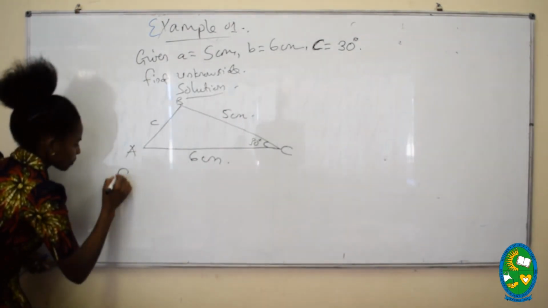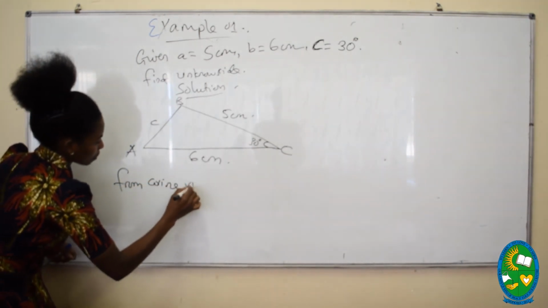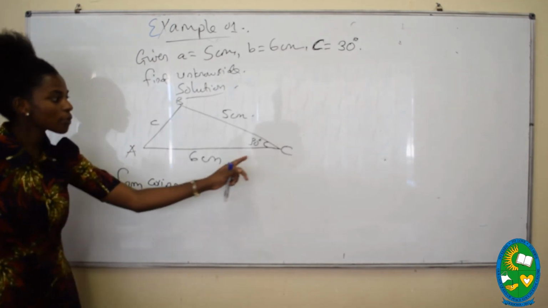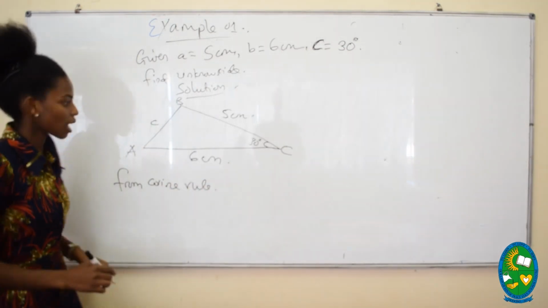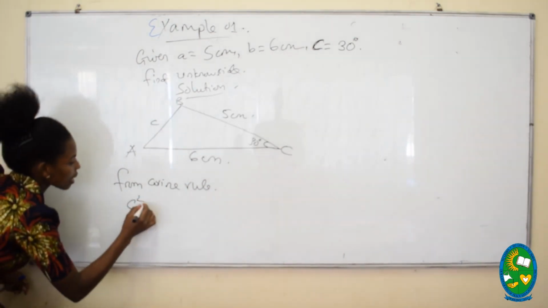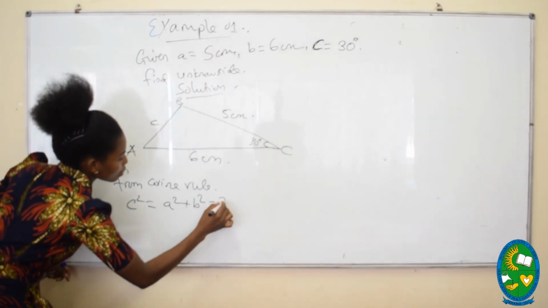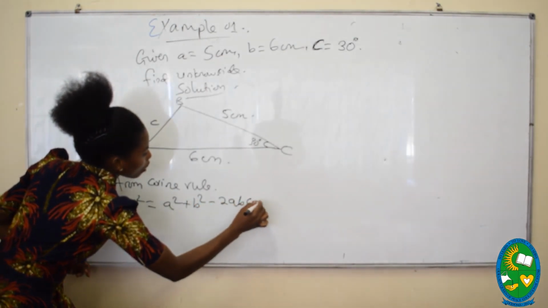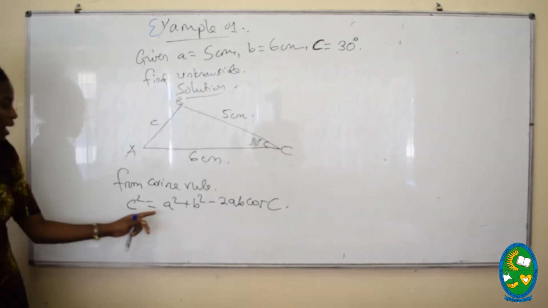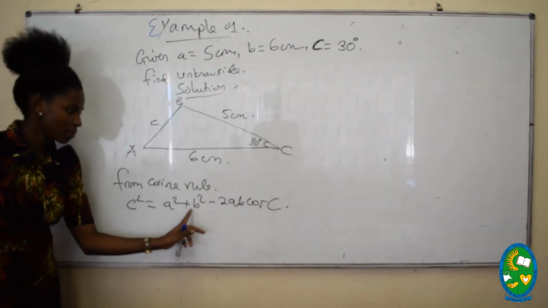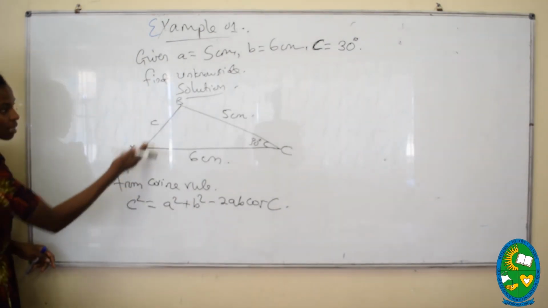We say from the cosine rule, since we have been given angle C and an unknown side, our formula will be c square equals a square plus b square minus 2ab cos of angle C. Remember, we already have side a, side b, and also cos of angle C. What we find is side c.